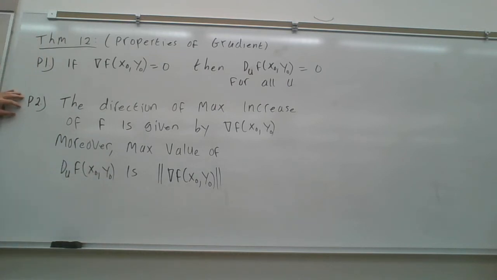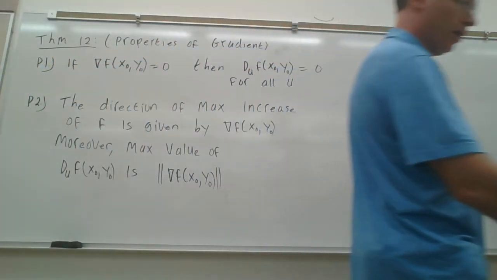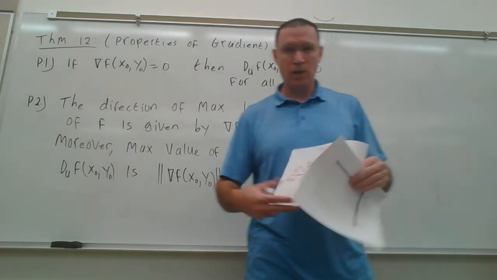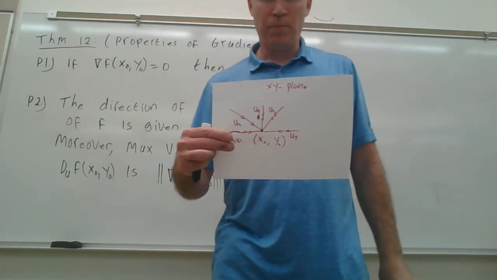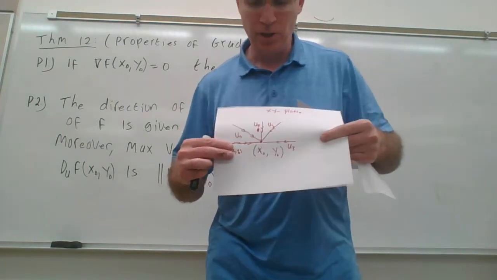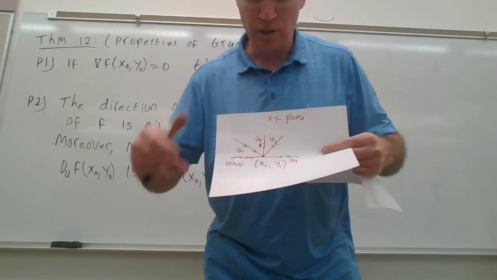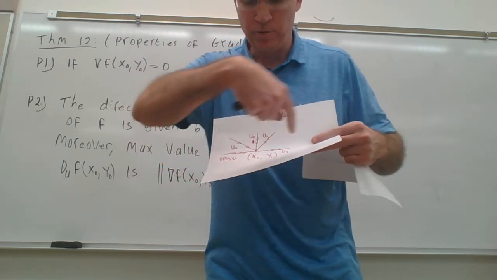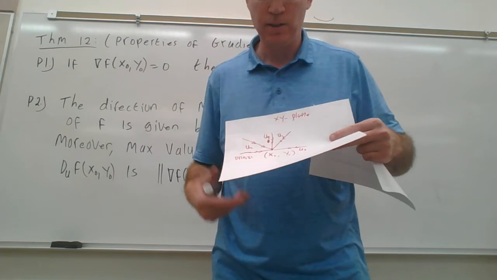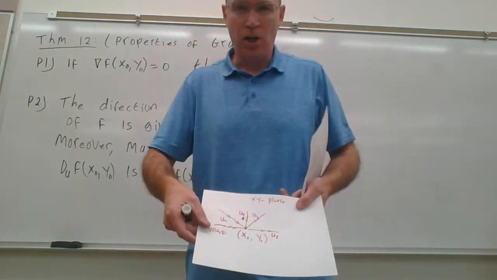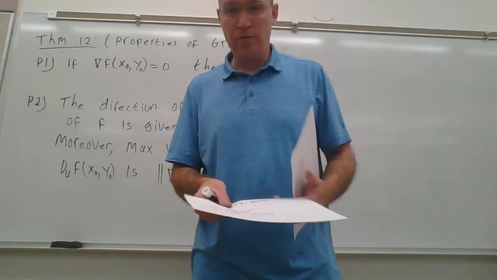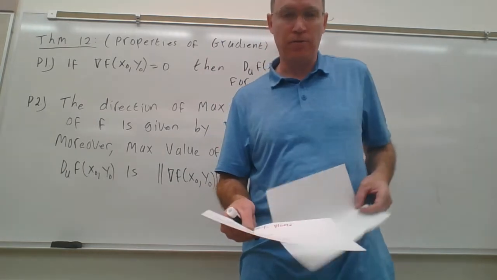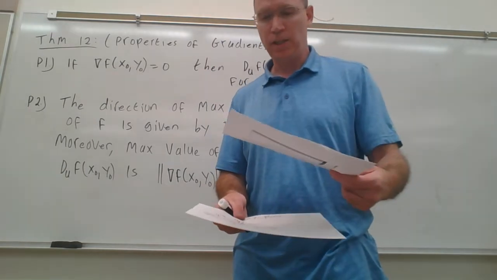So let me just explain 2 a bit here so you can understand what it's saying. So imagine here's my xy plane, and you have a point x0, y0. You can come into the point from many different directions in the xy plane. And above our xy plane, we have some surface. I'll make it simple enough here, just something like that, say.